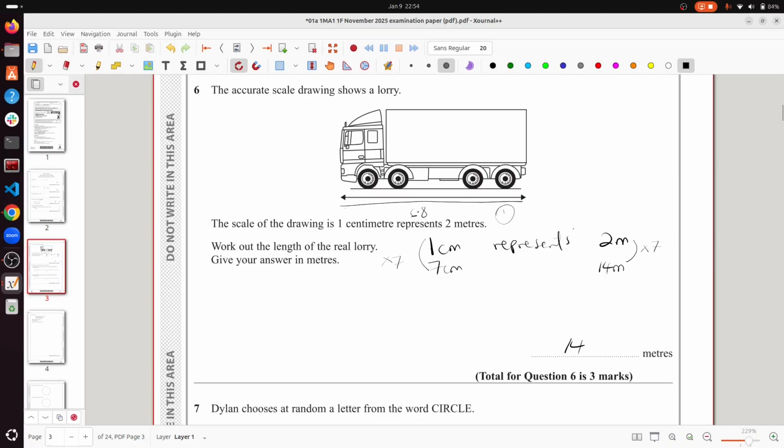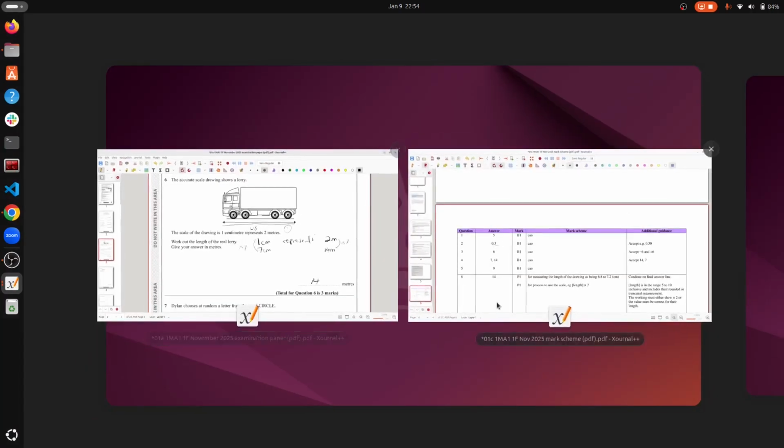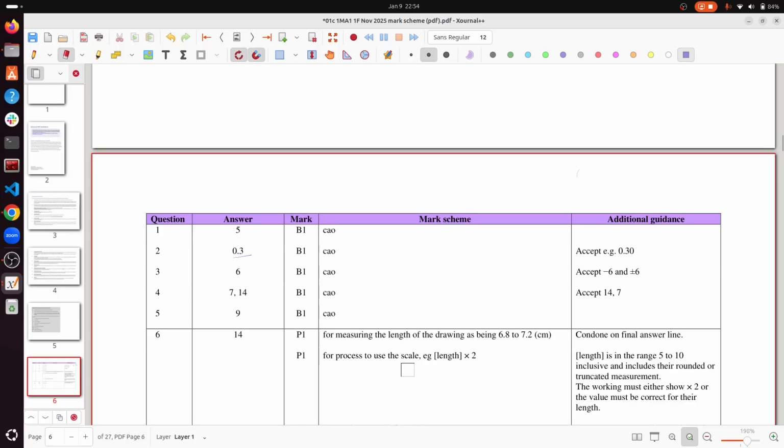And now the second part of it, which says process to use the scale, for example, whatever length that you have chosen, you multiply that by 2. If the length is in the range 5 to 10, it does not matter if that range is 6.8 or 7.2, which is the correct one. If you have chosen any length between 5 to 10 and multiplied it by 2, you get 1 mark.